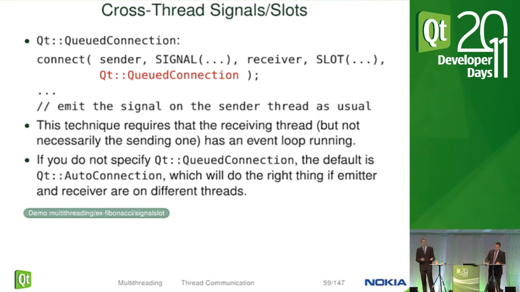But that obviously doesn't really work well if you call a method in a different thread, because it will execute in the thread you emit the signal. So we need to go through the event loop of the receiving thread. And for that, there's the argument queued connection, which means there will be an event queued in the event queue of the receiving thread, which, once it is processed, will actually call the slot. And that allows us to create safe signal slot connections between threads.